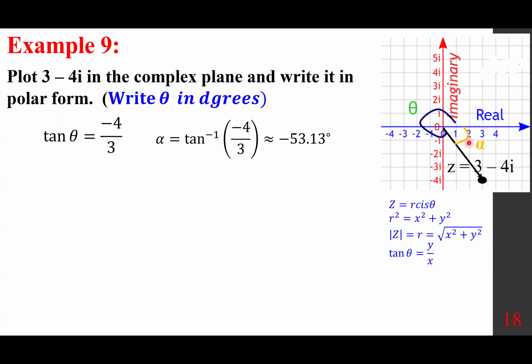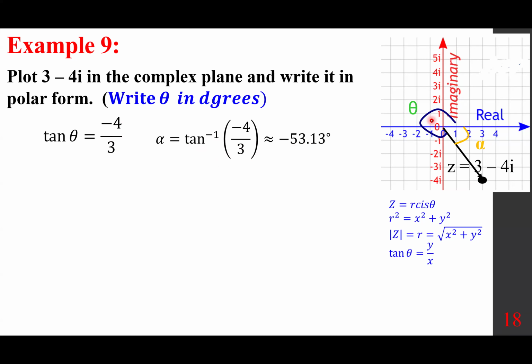Remember, for the tangent, in order for it to be 1-to-1, we decided to go from negative pi over 2 to pi over 2. That's why when you put this into a calculator, it's not a common arc. It gives you -53.13. It gives you the fourth quadrant.